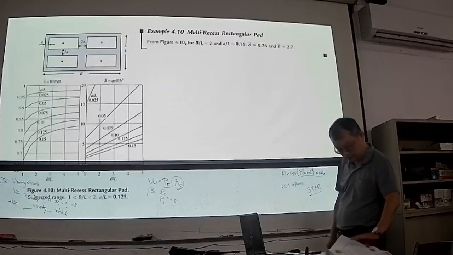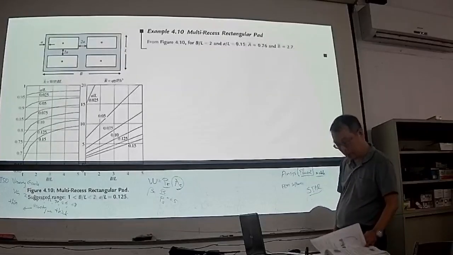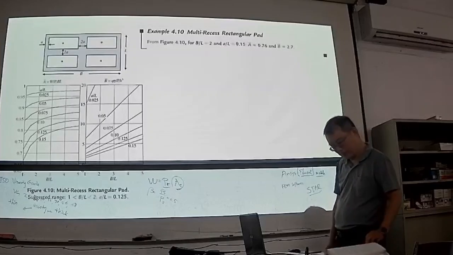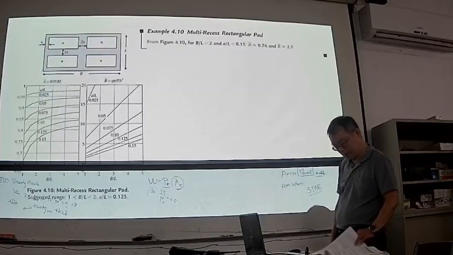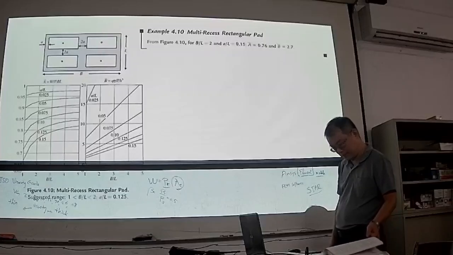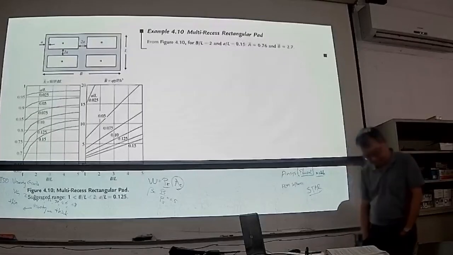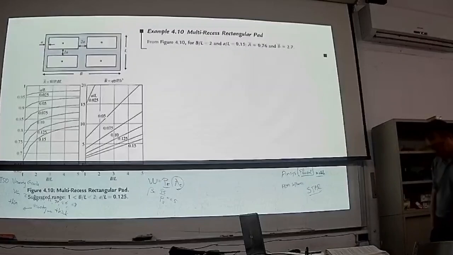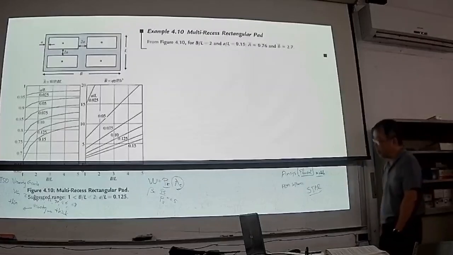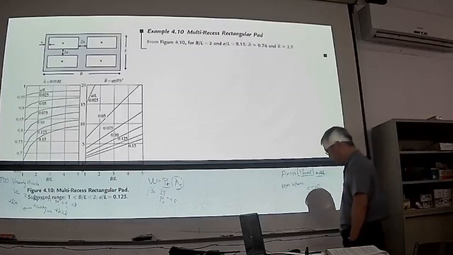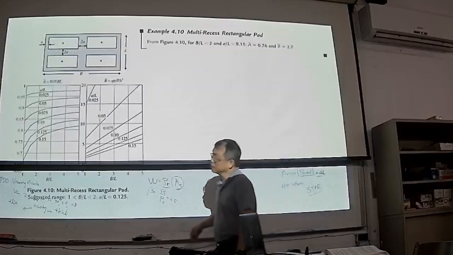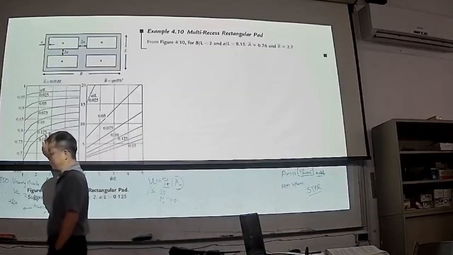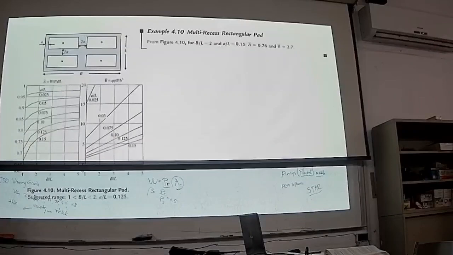Okay. Is there any question about this chapter? There is the area shape factor A bar and the flow shape factor B bar. This is a classical way to design the hydrostatic bearing.